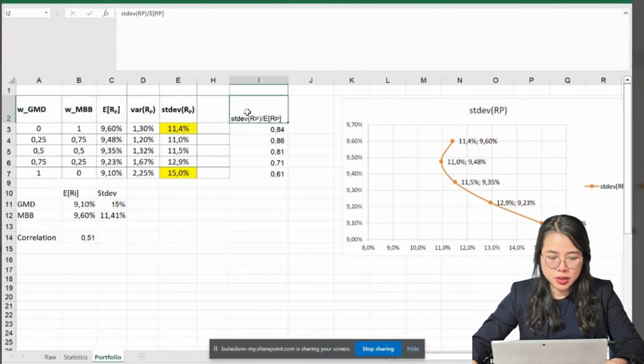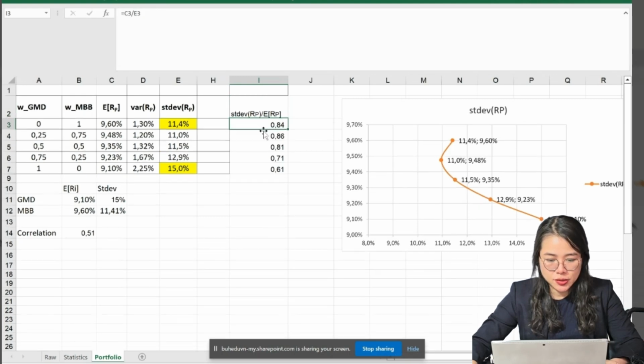I take the standard deviation and I divide it by the return, so I take this ratio. Portfolio A is 0.84, B is 0.86.